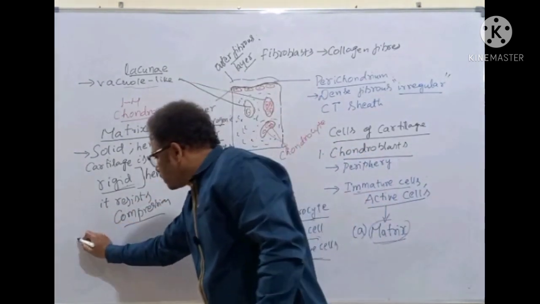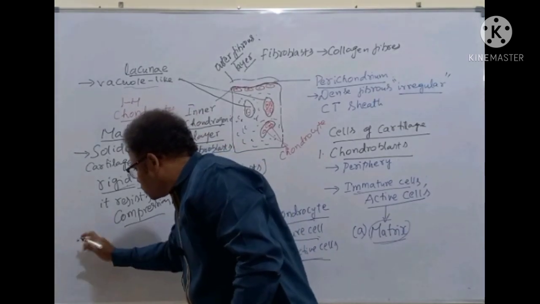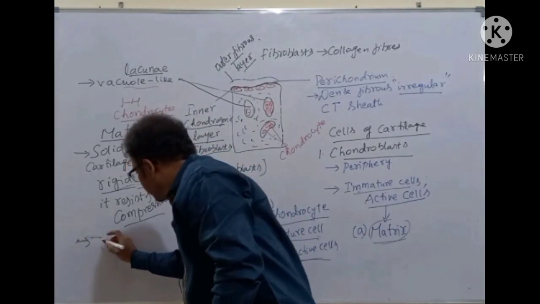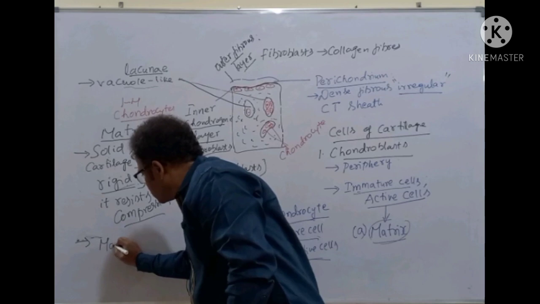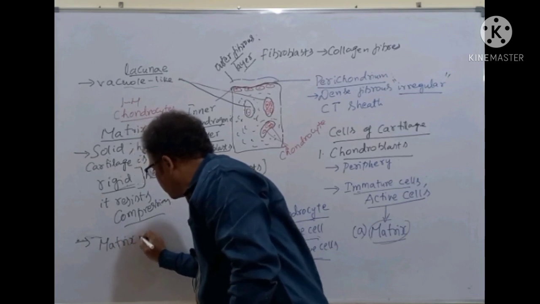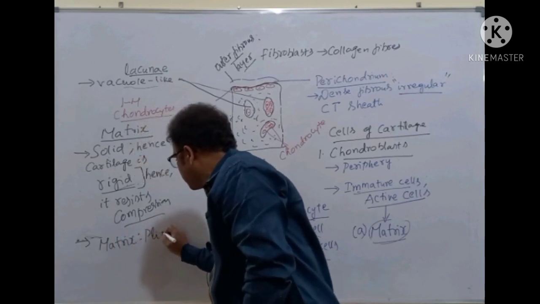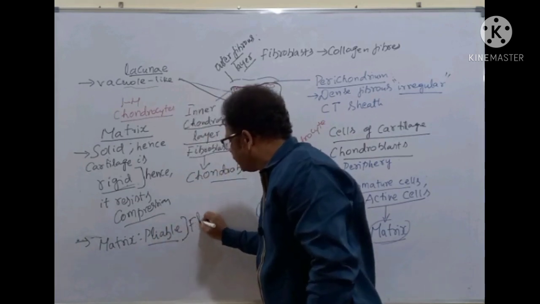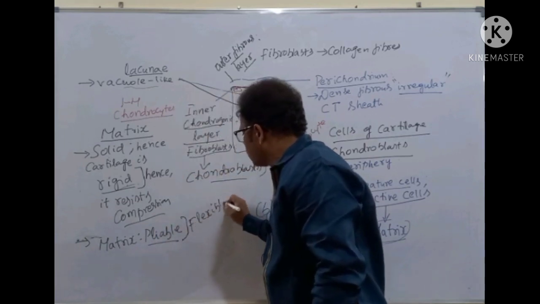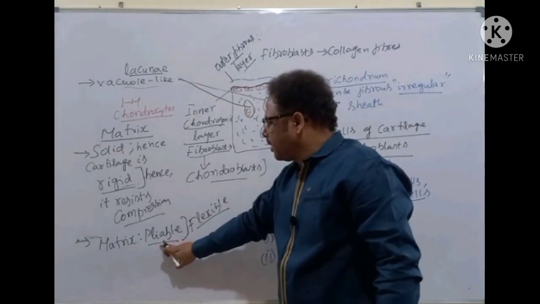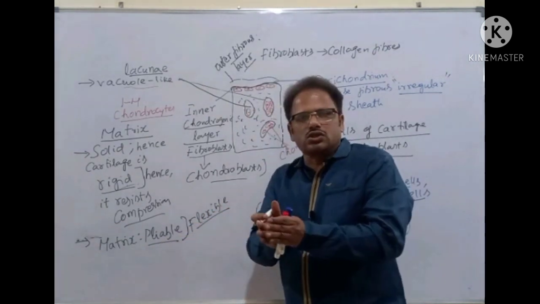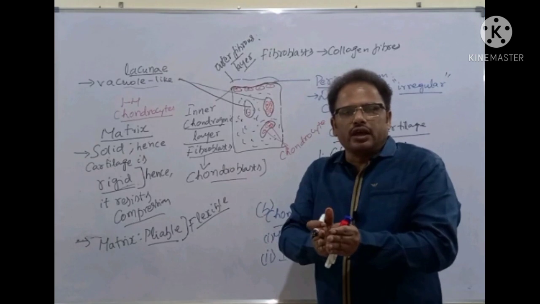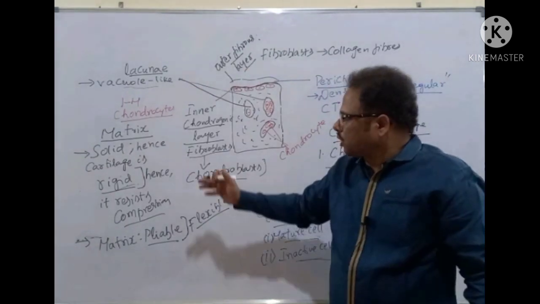No doubt. Next point: cartilage is also flexible because the matrix is pliable. What is pliable? Pliable means flexible. A certain sort of flexibility is also asserted. So what's the bottom line here?